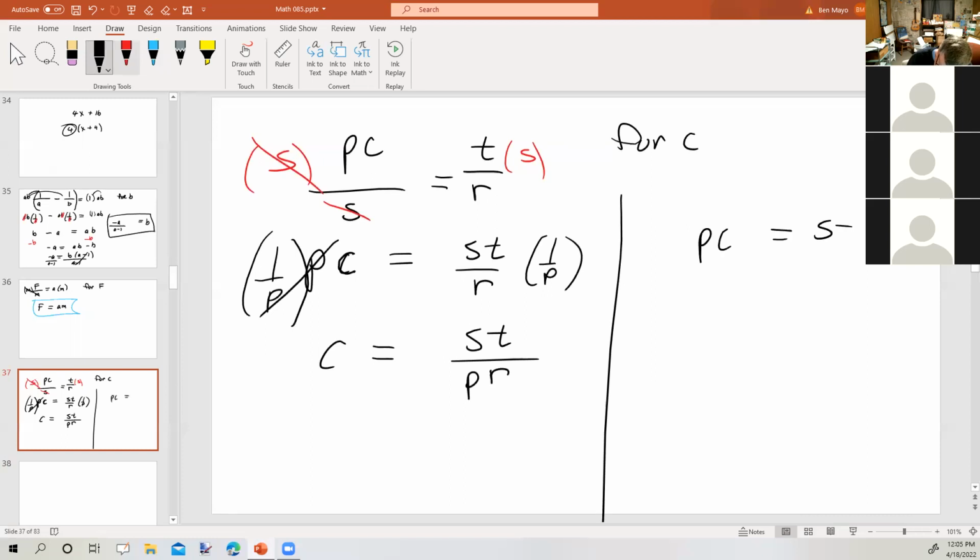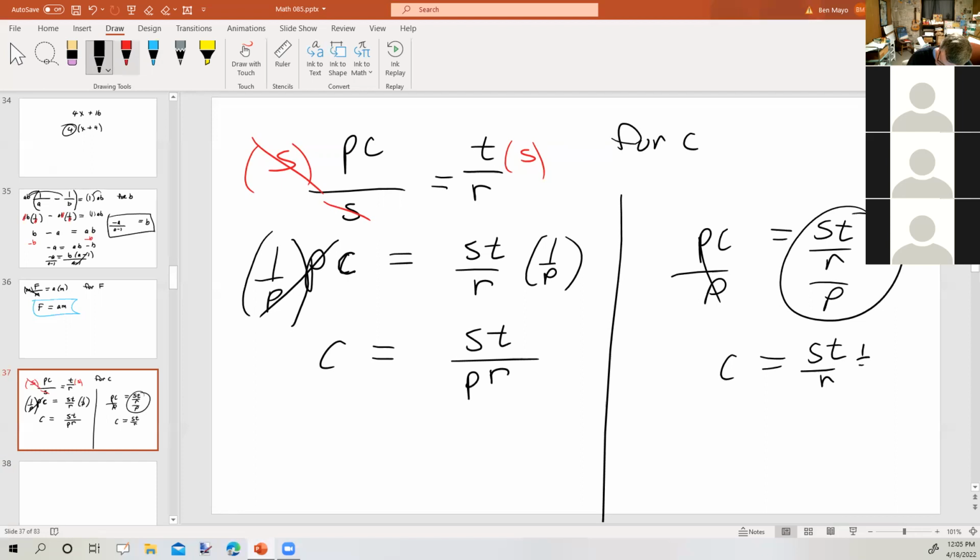If instead I said divide both sides by P, then you'd have to deal with ST over R divided by P, which is ST over R times 1 over P, which gets you there eventually. So that's why I multiplied by the reciprocal instead of just dividing by it.